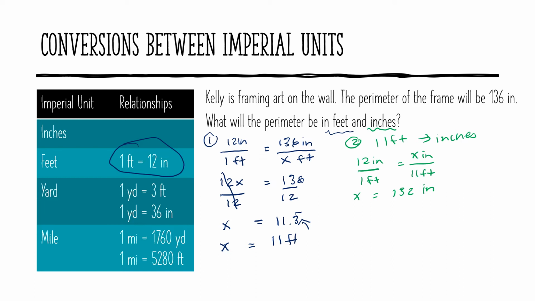Okay, now we can take this to our final step. Our final step would be to take this 136 inches and minus it off from 11 feet, so basically 132 inches.